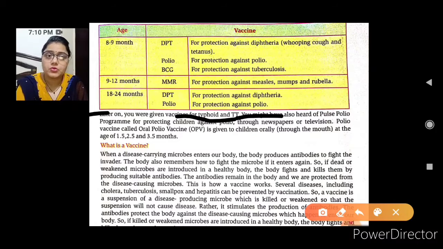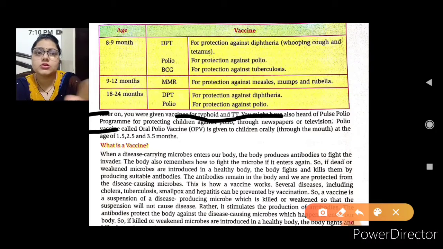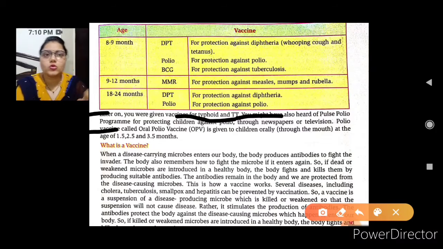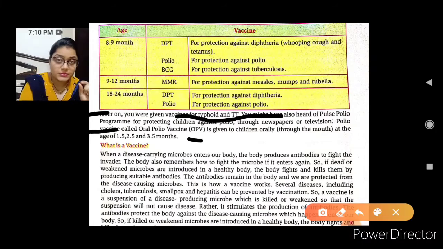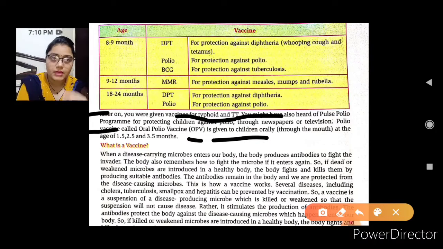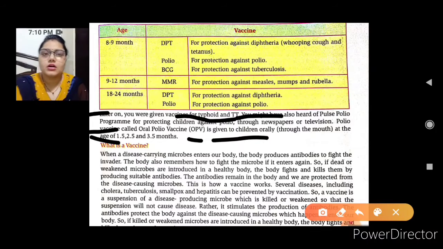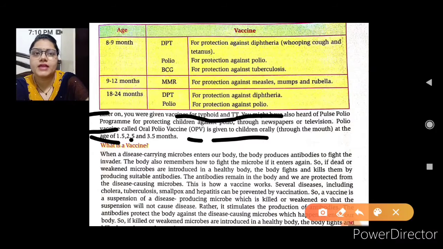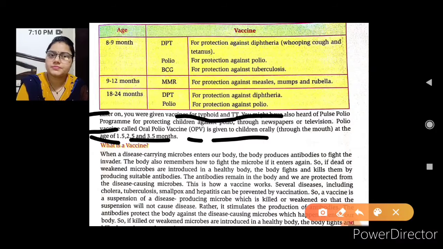The polio vaccine called the oral polio vaccine, OPV, is given like a liquid vaccine in the mouth of children, at the age of 1.5, 2.5 and 3.5 months. Clear?